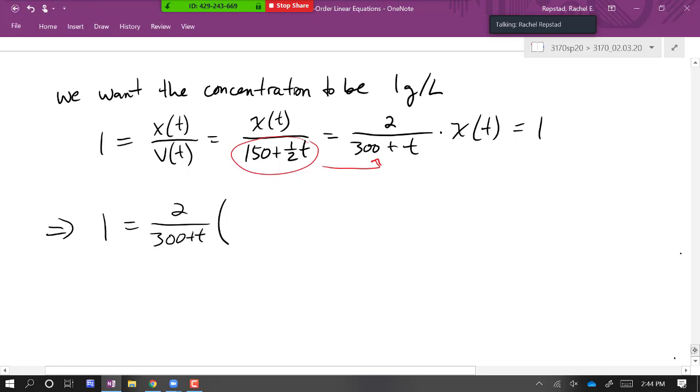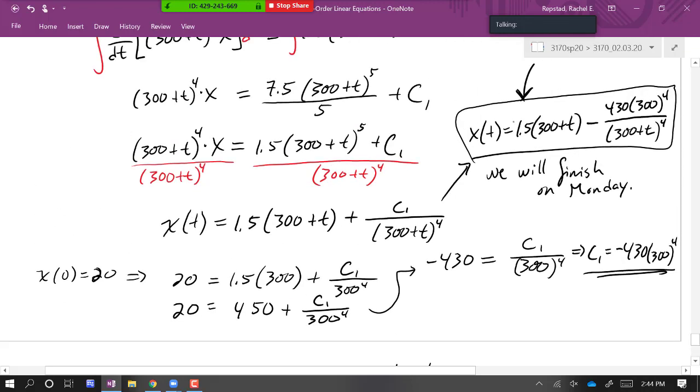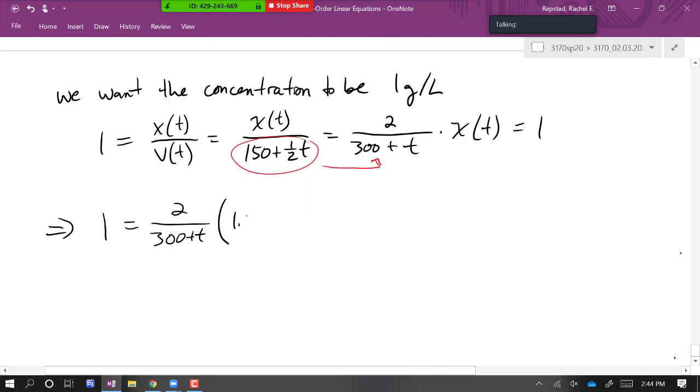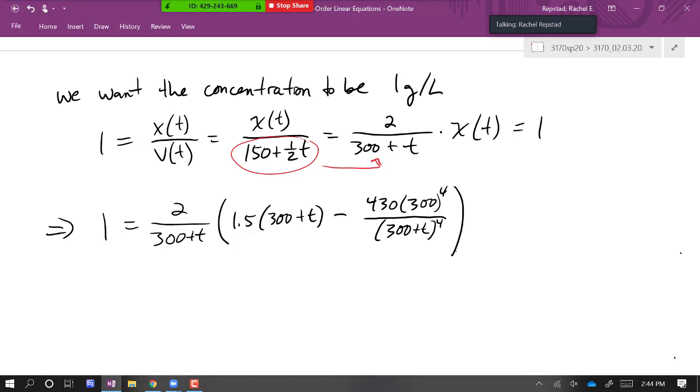I'm going to scroll up just a minute to, okay, times this function here in the black box. Now we're just going to solve this equation.